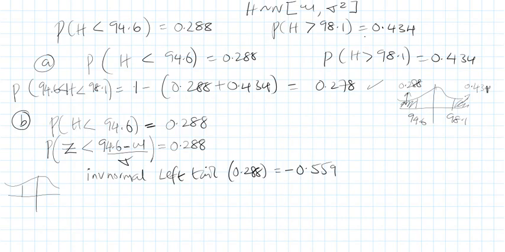Do I leave mu as 0? Yes, because you've standardized, so the mean is 0 and the standard deviation is 1. Then I got minus 0.559. Perfect, that's what I wrote. I used the Casio and got that.